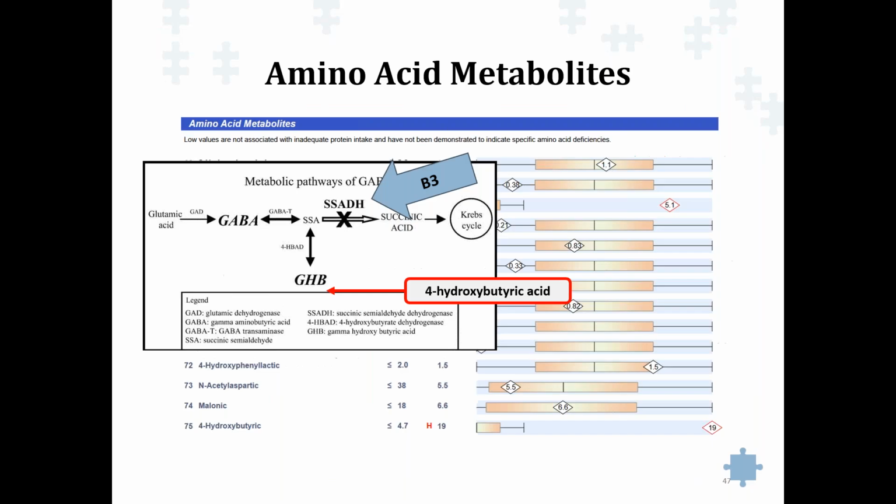What is more likely happening is that this particular enzyme, like many dehydrogenase enzymes, is in part supported by the presence of vitamin B3, more specifically nicotinamide adenine dinucleotide. Now, this is a deeper pattern to see on the OAT, so I don't expect people to recognize this type of pattern right off the bat.